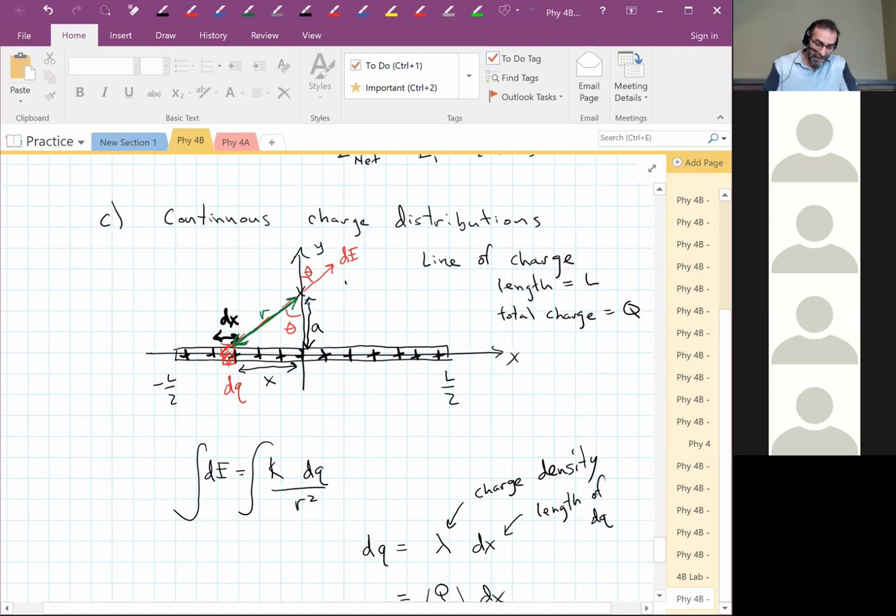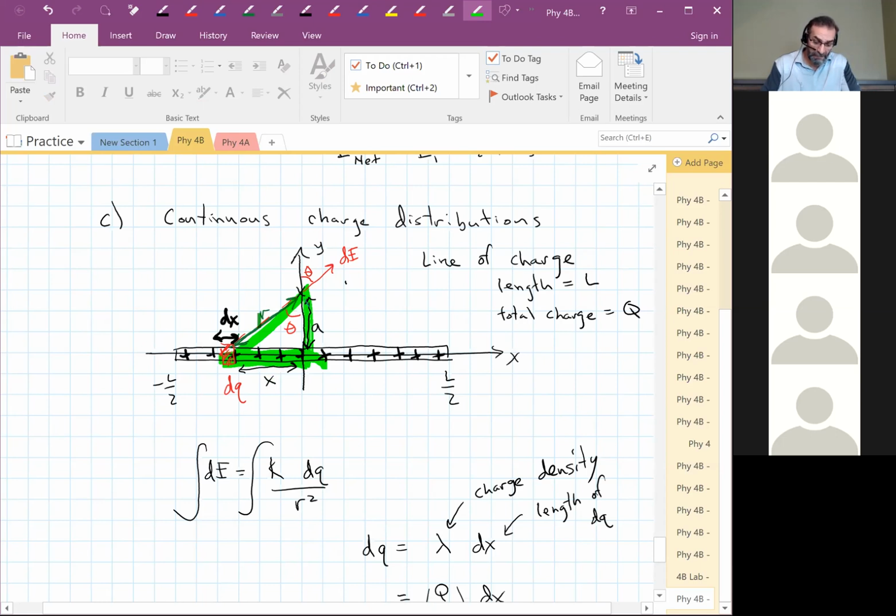Well, what is the sine of that angle? I've got a triangle here. Here's my triangle, right? And I can look at that triangle and I know that the sine of theta has to be the opposite side over the hypotenuse, x over r.